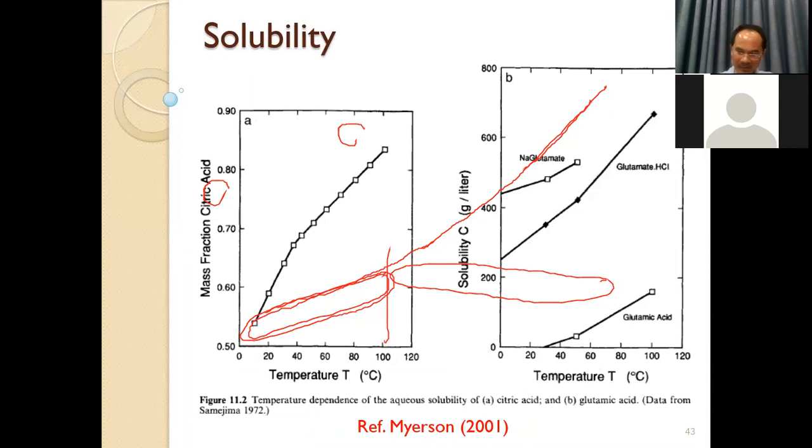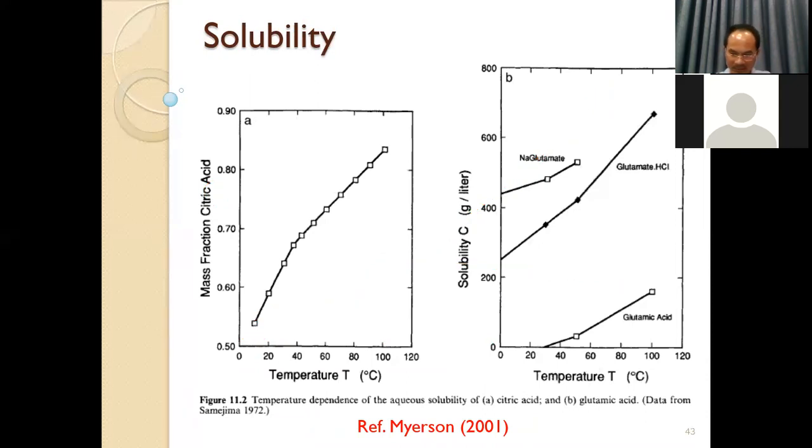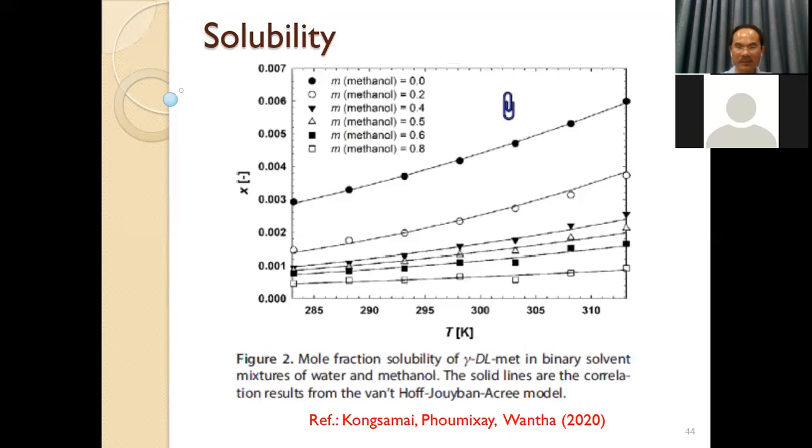Another example is the solubility of citric acid and glutamic acid. Citric acid depends quite strongly on temperature, and so does glutamic acid, an amino acid, including sodium glutamate and the hydrochloride form.